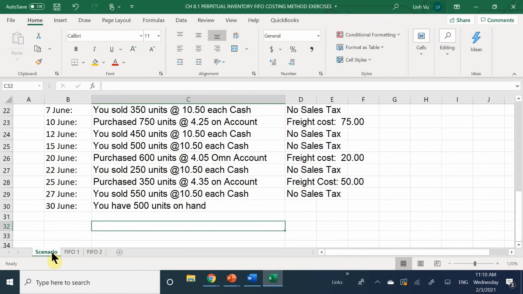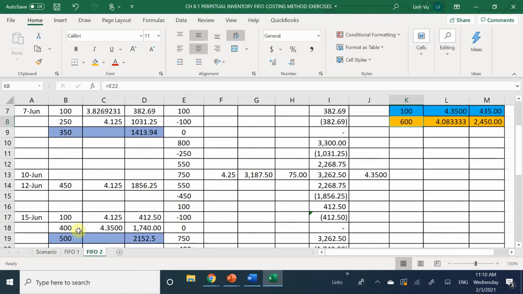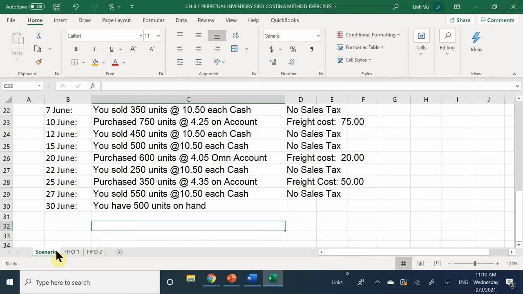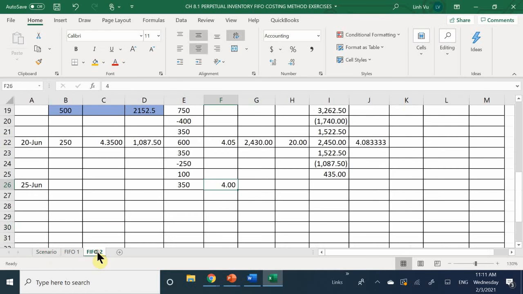We purchased an additional 350 units at $4.35 each with a freight of 50. So 350, and this is on June 25th. 350 at what was it? $4.35 each. Okay, good.